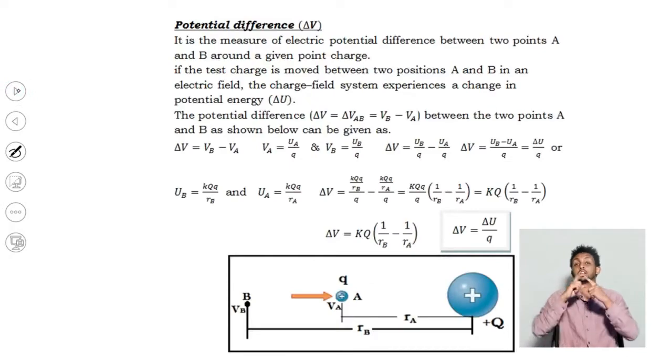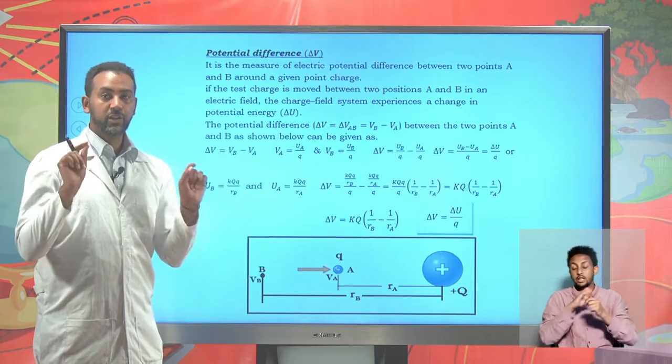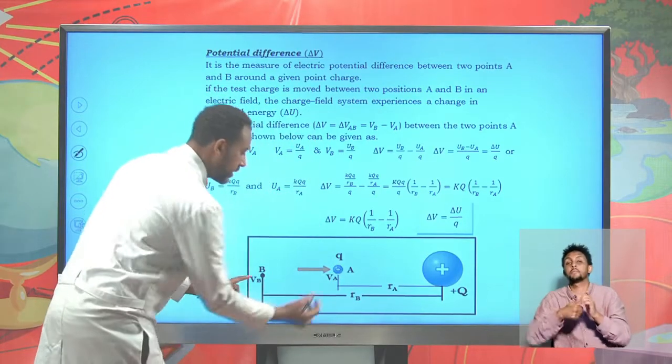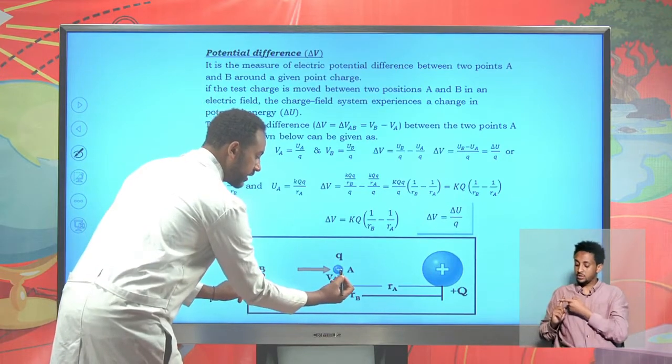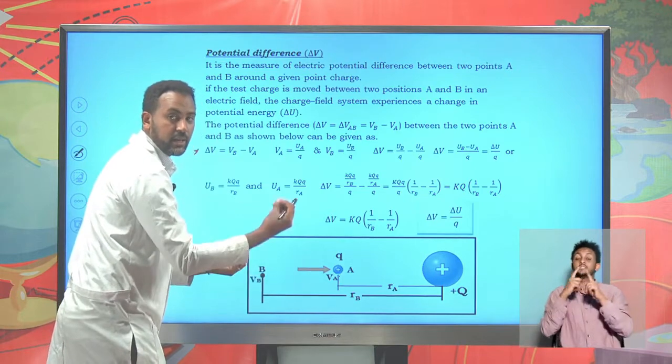Potential difference. The potential difference is the difference in electric potential between two points. In this case, the potential difference between two points near a point charge can be expressed as the potential at point P minus the potential at point A. For example, here you have the main charge and two points. If you put the test charge here and then here, there will be a difference in electric potential.